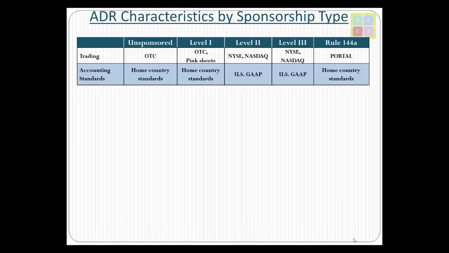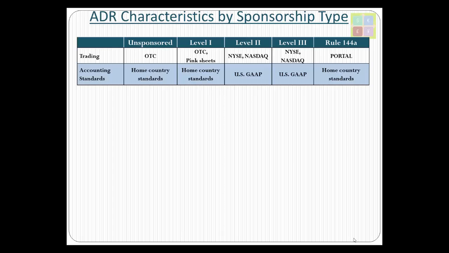As far as the accounting standards are concerned, under unsponsored ADRs, only home country standards need to be met, and same thing applies to level 1. But for level 2 and level 3, the United States generally accepted accounting principles have to be met.